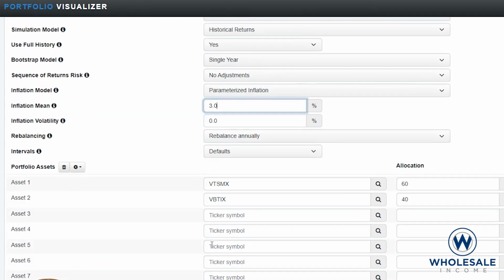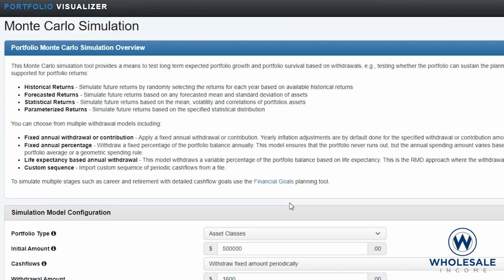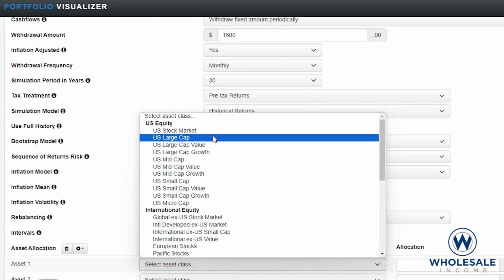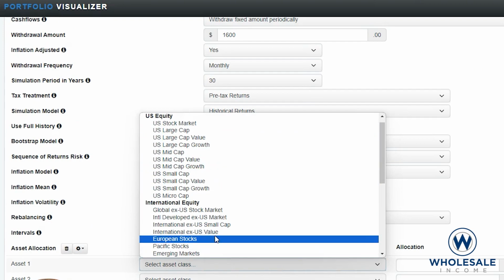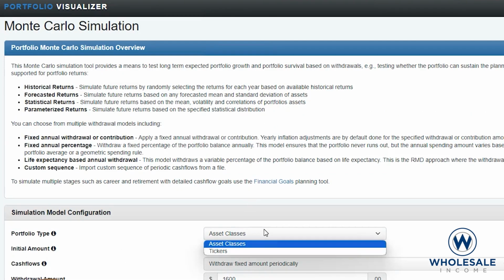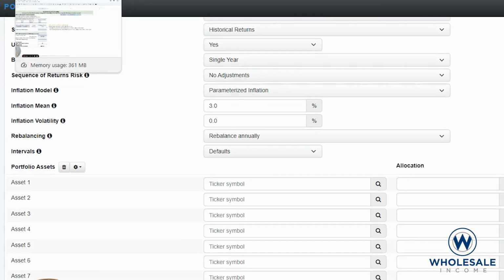And then for assets, there are different ways you can do it. You can run just on asset classes in this tool and say just U.S. stock market, or U.S. bonds, or you can use specific tickers.